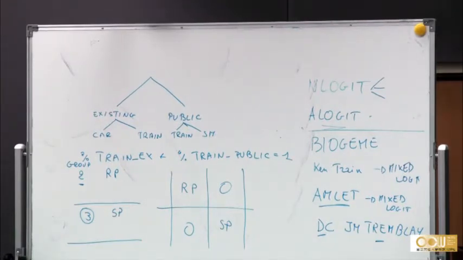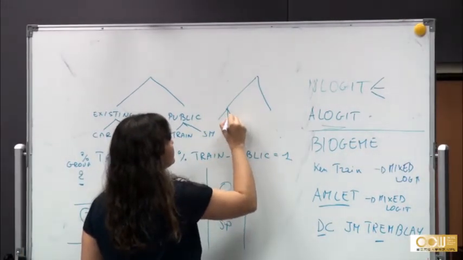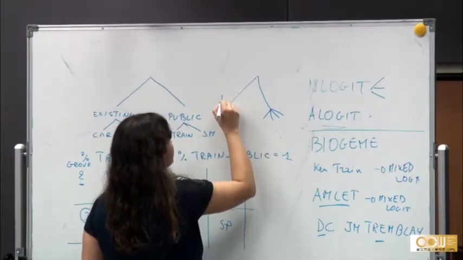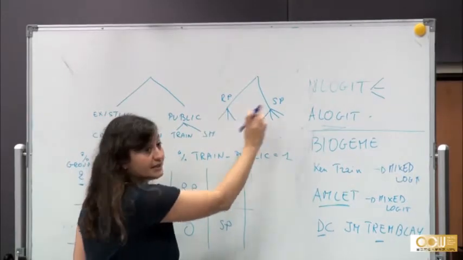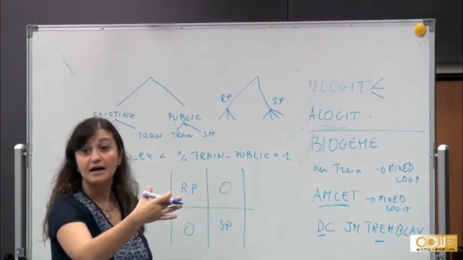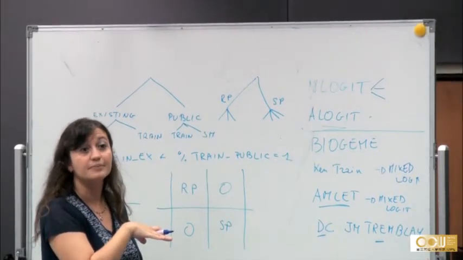And you see that by fixing the theta parameter of RP to 1, he's saying just estimate the theta for SP. Remember what I said yesterday? We cannot estimate both the theta RP and SP. So for the scale, we fix one and we estimate the theta SP with respect to the theta RP.